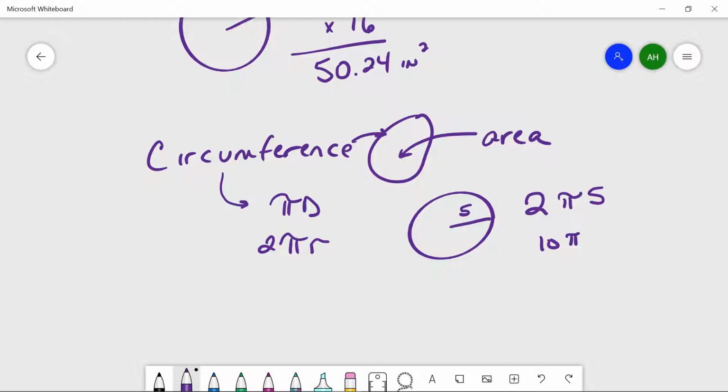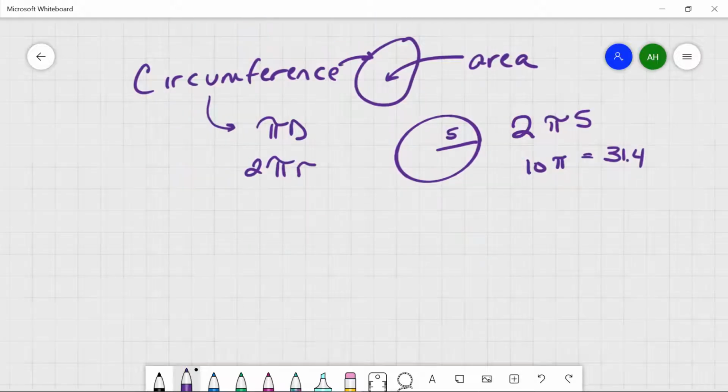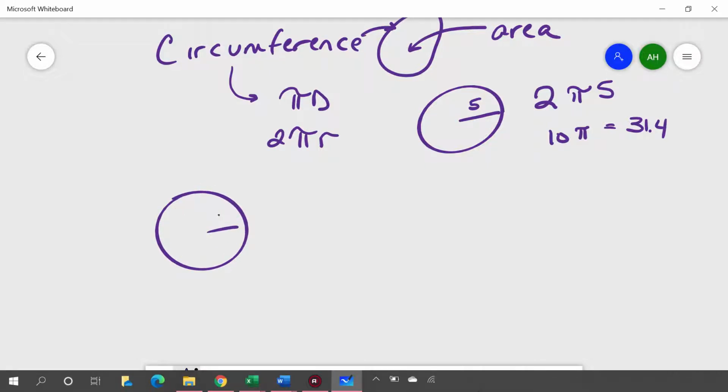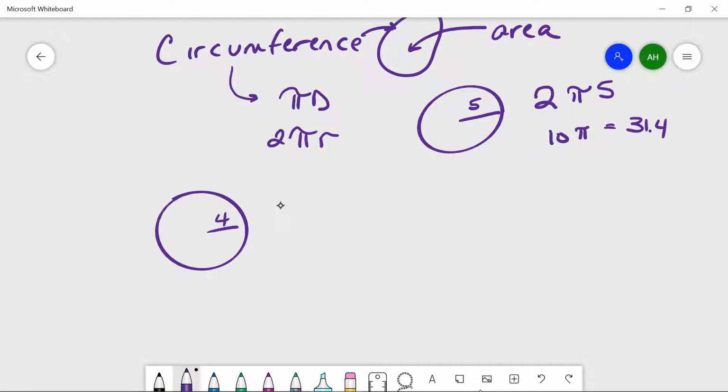Then you could calculate that out further and do the actual 10 times pi, and that's going to give you 31.4. All right, if I've got a circle and my radius is 4, this is going to be 3.14 times 8. Make sure you multiply this by 2.